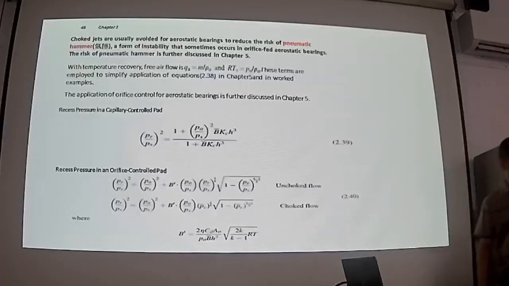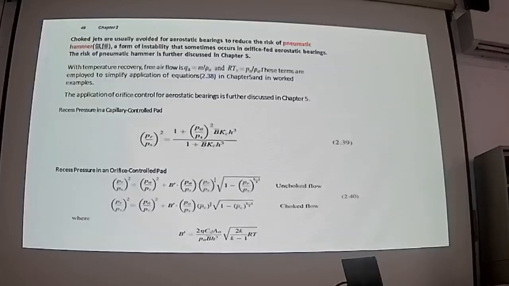For the air bearing, the theoretical calculation is more complicated. Before, it was really a problem, but now the calculation power of the computer is increasing dramatically. Now it's not a problem.